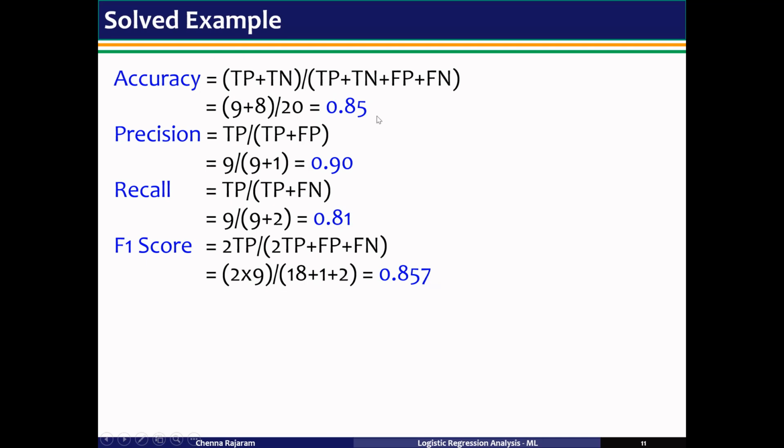The accuracy value is 0.85. Similarly, precision is calculated as the ratio of true positive to true positive plus false positive. The precision value is 0.9. Similarly, recall is 0.81, and F1 score is 0.857.